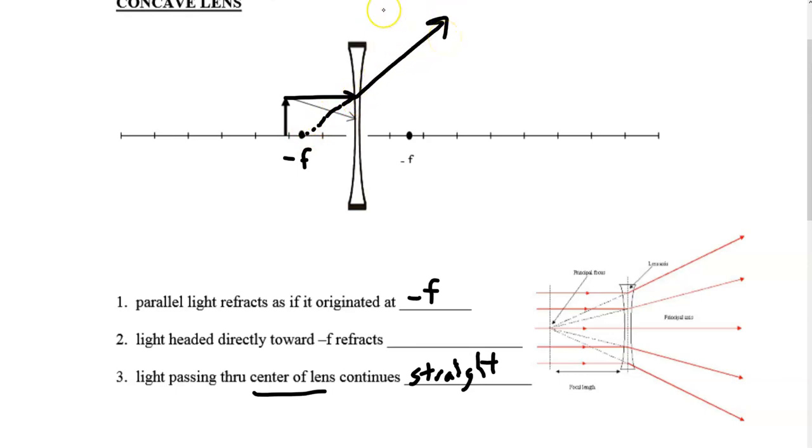Watch this if you didn't follow. If I trace this ray back right here, it should pass through negative f. And then the other one is if I have a ray that doesn't pass through the focal point here, but heads as if it's going to go through this point right there, then it's going to bend parallel.